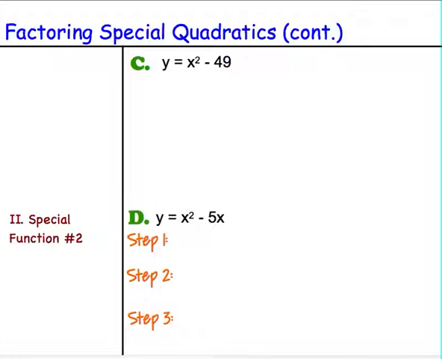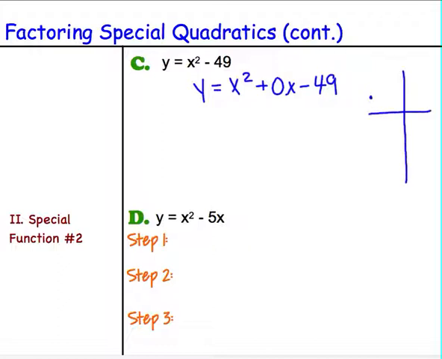Next example, we've got y equals x squared minus 49. Once again, we start off by rewriting this as y equals x squared plus 0x minus 49. We'll make our t-table that has to multiply to negative 49 and add to 0.